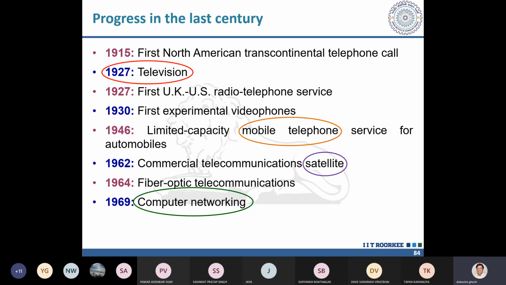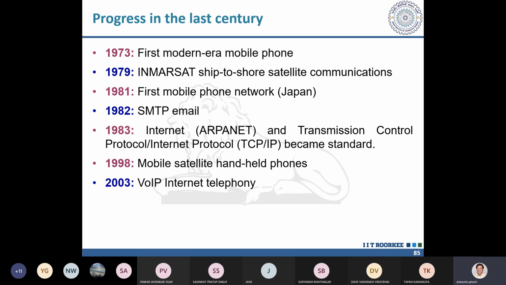Then in 1969 we had the recent days' digital and computer communication. We still have computer communication, mobile communication, and satellite communication; these three still dominate the communication world nowadays.